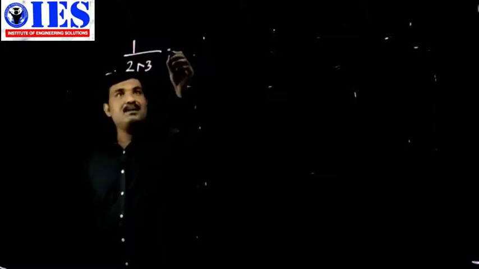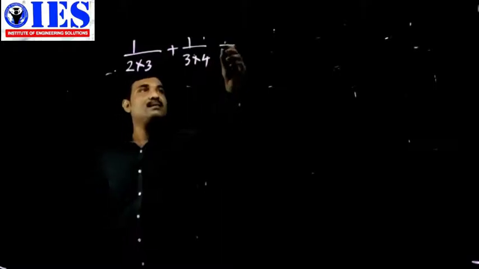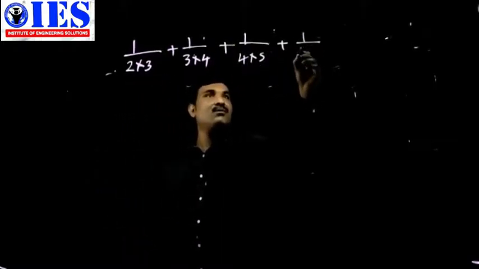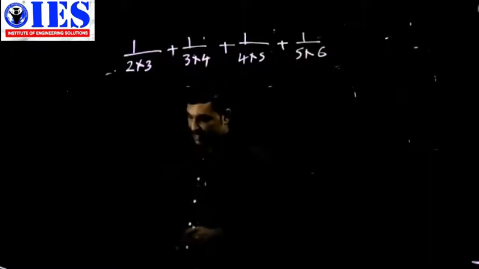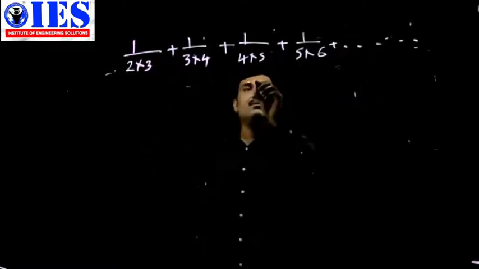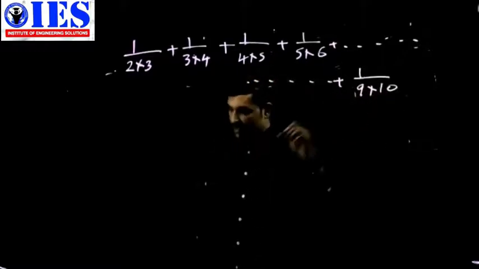Now, 1 by 2 into 3 plus 1 by 3 into 4 plus 1 by 4 into 5 plus 1 by 5 into 6. This goes on up to 1 by 9 into 10.